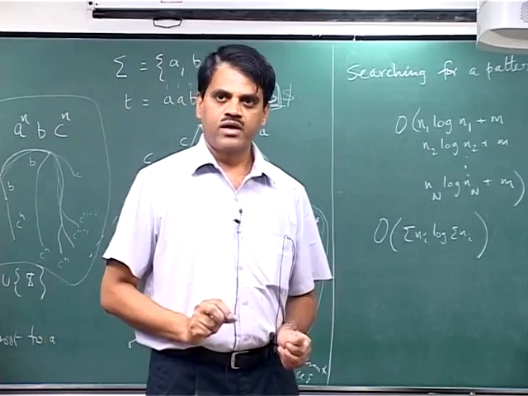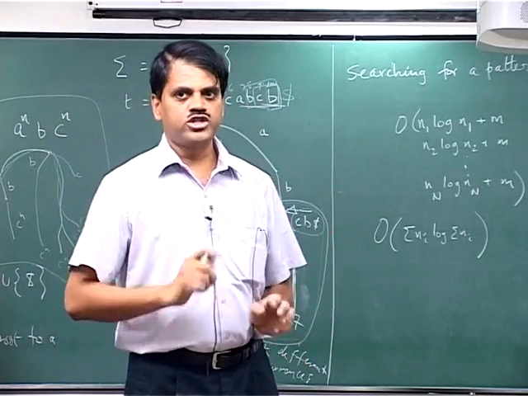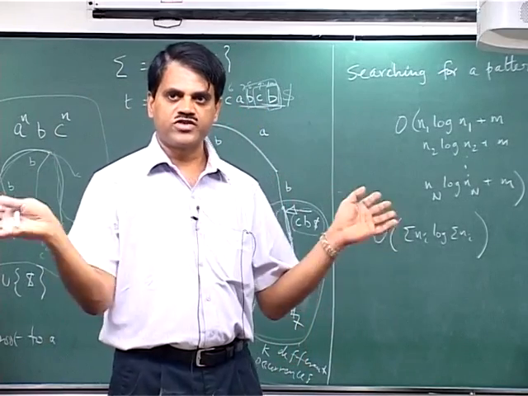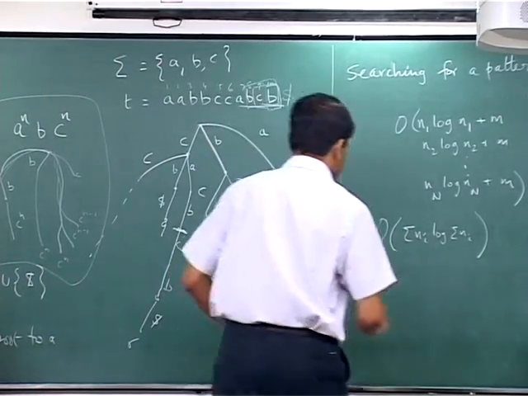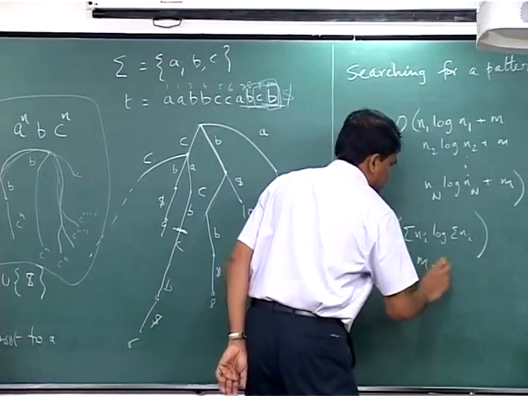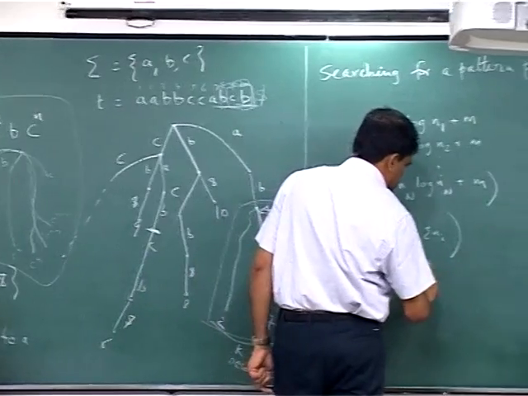Okay. So here is a one shot: all you do is just take your suffix tree, concatenate and do it, and plus m plus the number of occurrences.